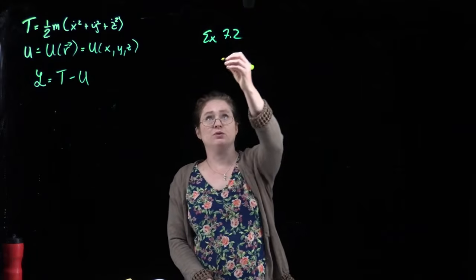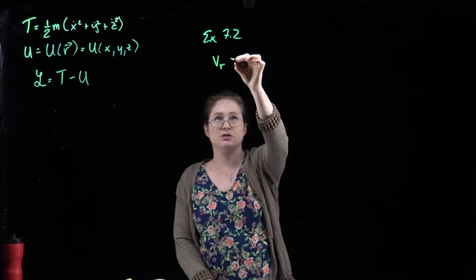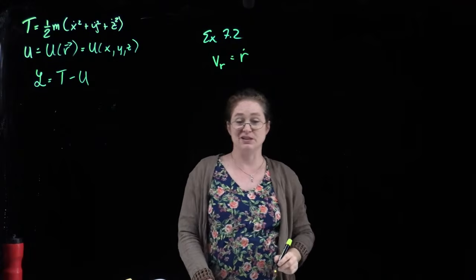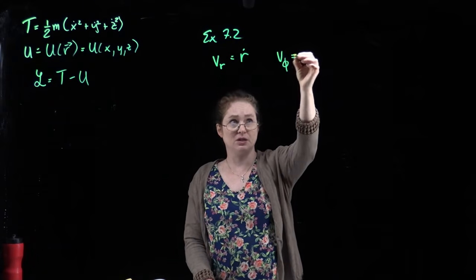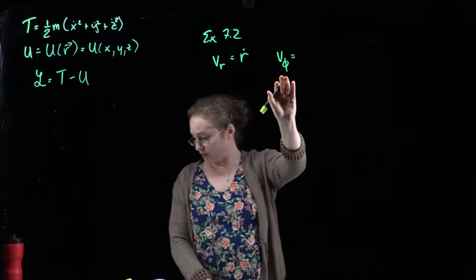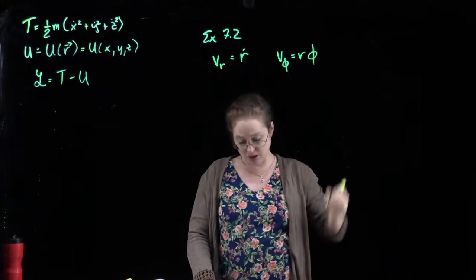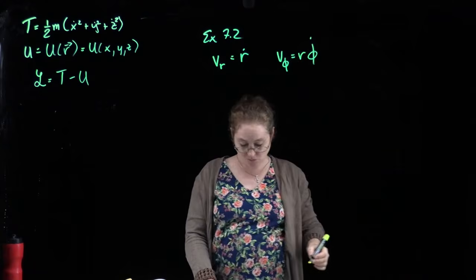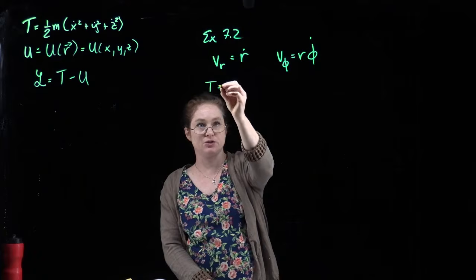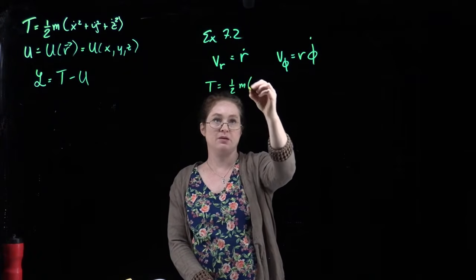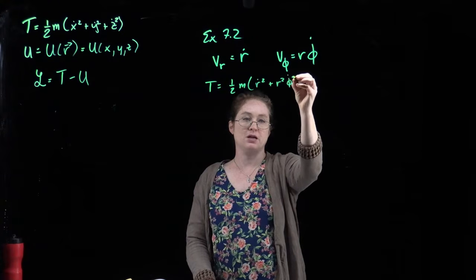We will start by writing the velocity in terms of the radial velocity, which is just r dot, and the tangential velocity, in the phi hat direction, which is r phi dot. This means that our kinetic energy is 1/2 m (r dot squared plus r squared phi dot squared).